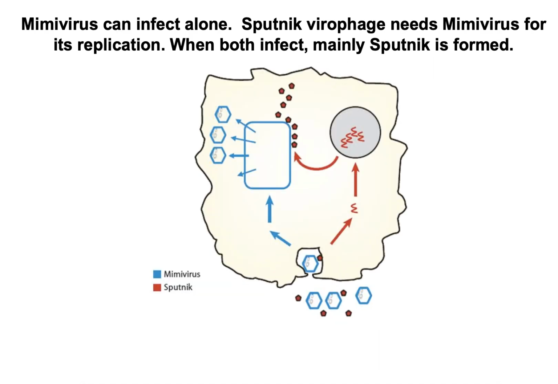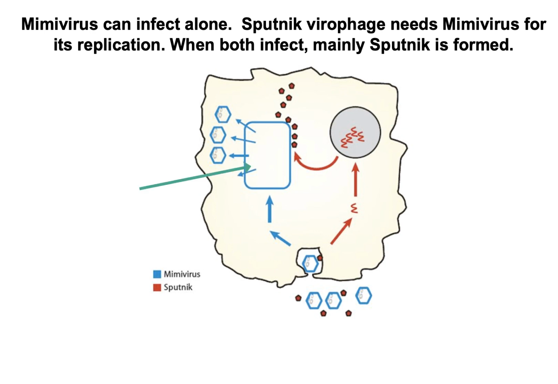When they infect with the Sputnik satellite virus, then they still set up the vesicle the same way that they would with just the virus infection. But the only thing that gets replicated are the Sputnik virus genomes.